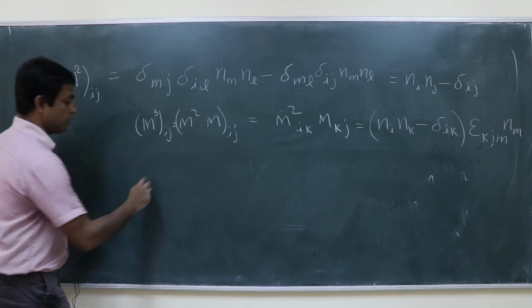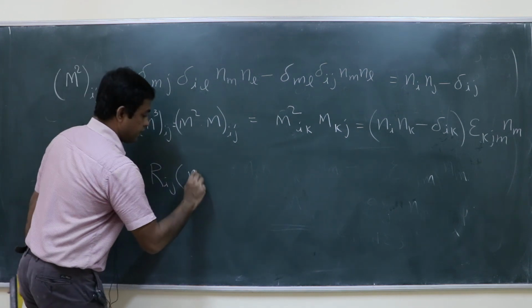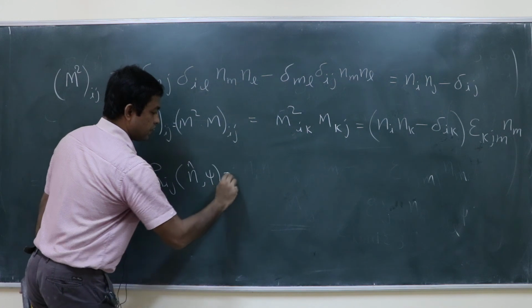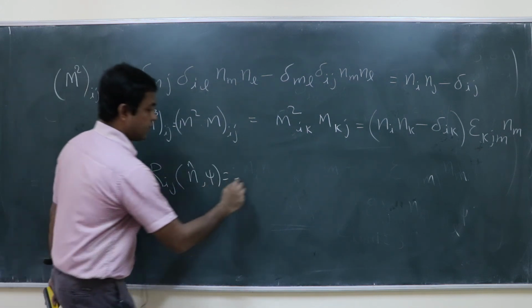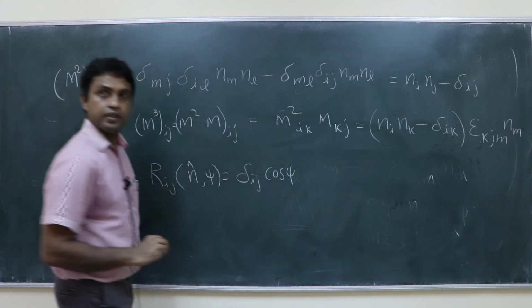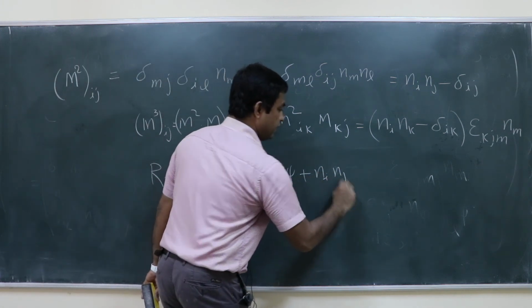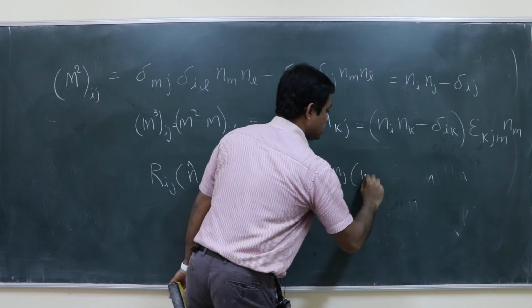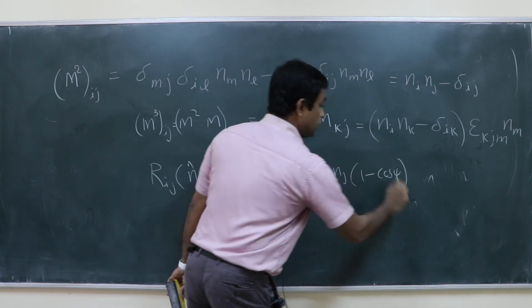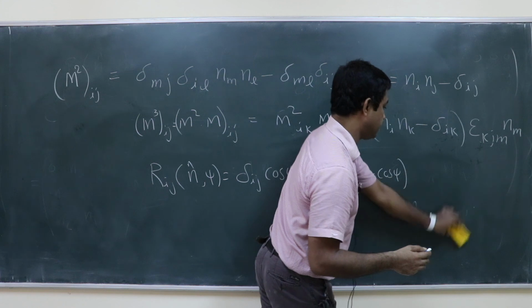So what you want to do is the Rij term of n psi is equal to delta ij cos psi plus ni nj times 1 minus cos psi. This is a very useful expression when you do rotation in 3 dimensions.